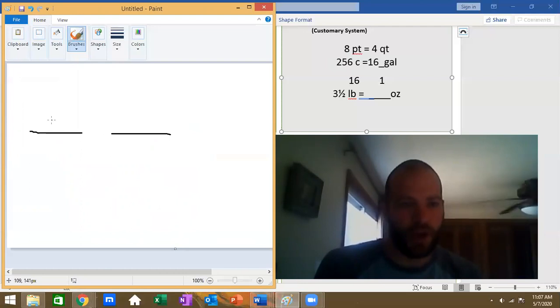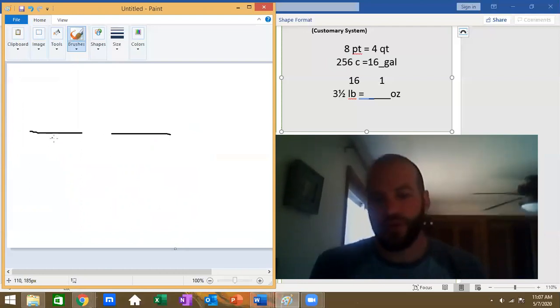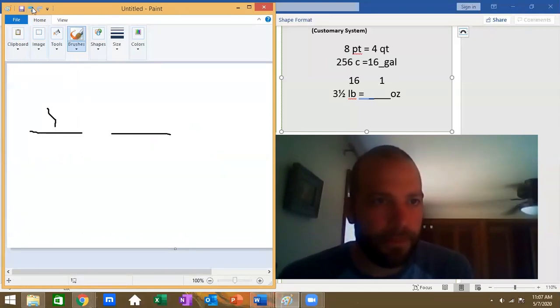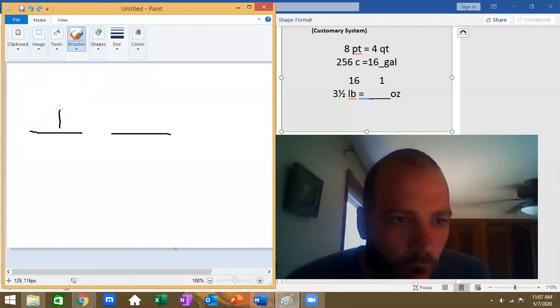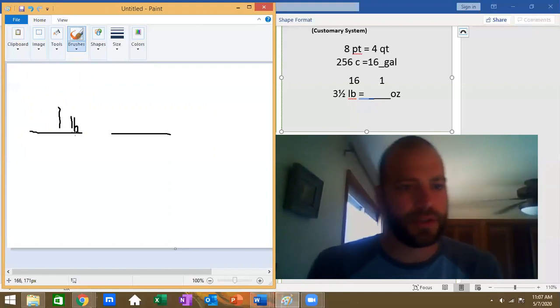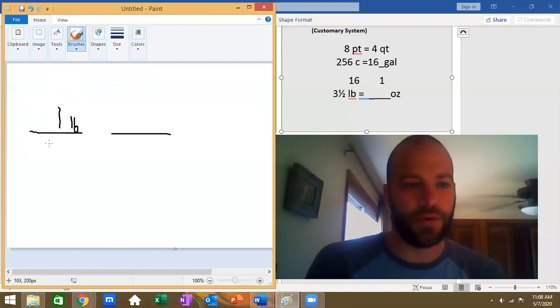Well, we know, and it doesn't matter which you write on top, we know 1 pound, LBS, is equal to 16 ounces.